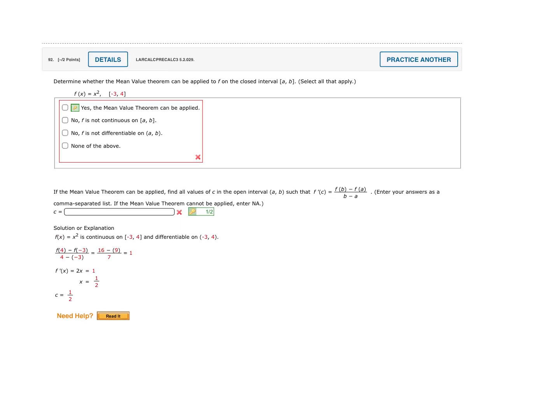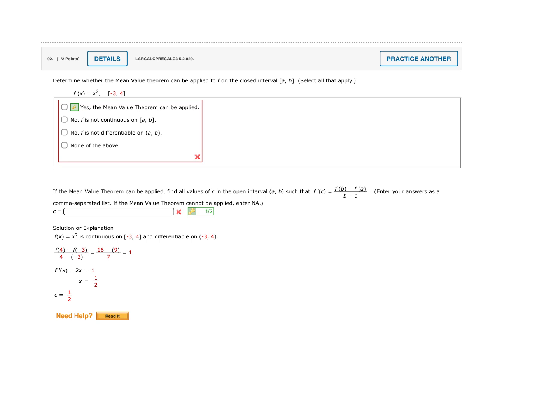Mean value theorem. We would have to check to see if it's continuous, if it's differentiable. When these two things are true, we're going to use this formula to find the slope. We'll do it. F of B would be 4. So this would give us 16.